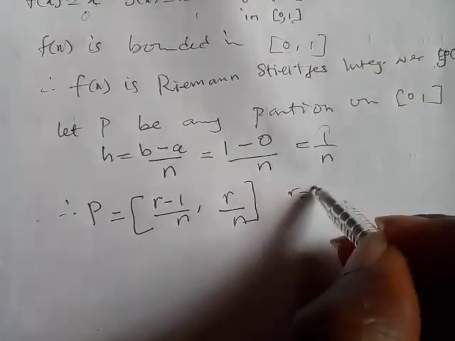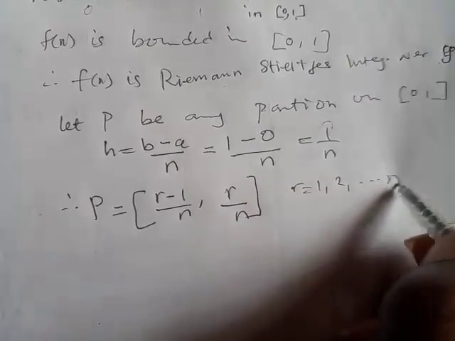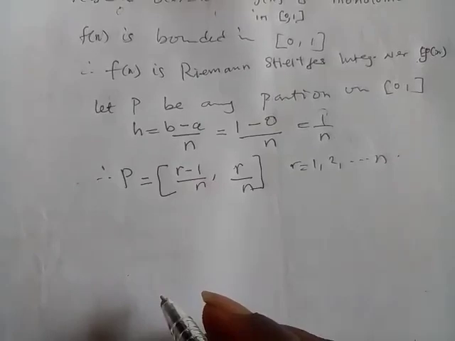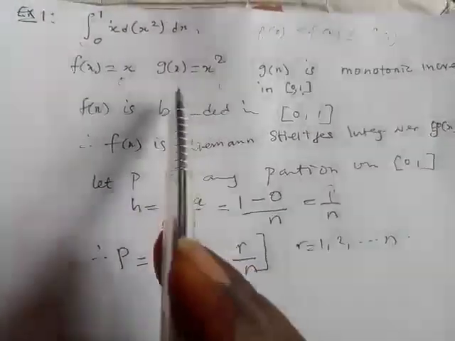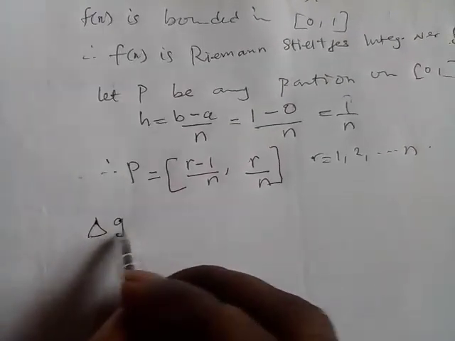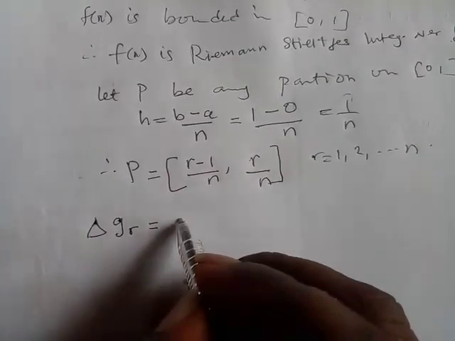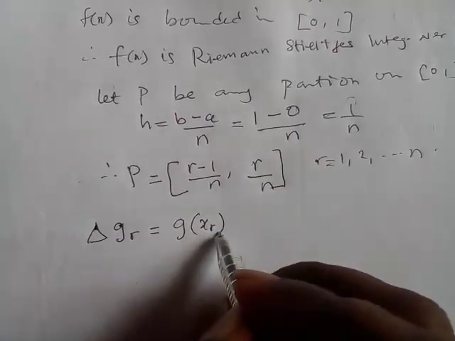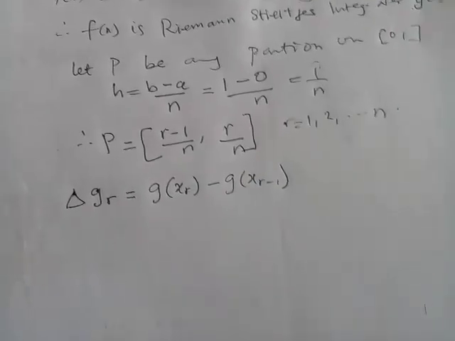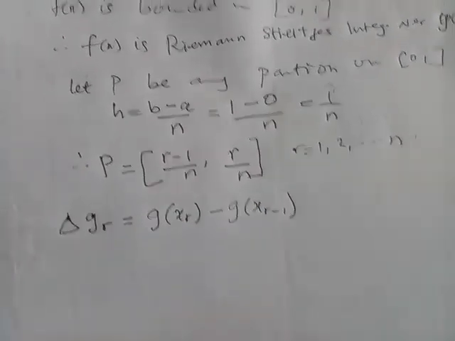Let's keep that. We need to know about g, because of the definition. We need to know the Δg of r, which simply means g of s_r minus g of s_(r minus 1).